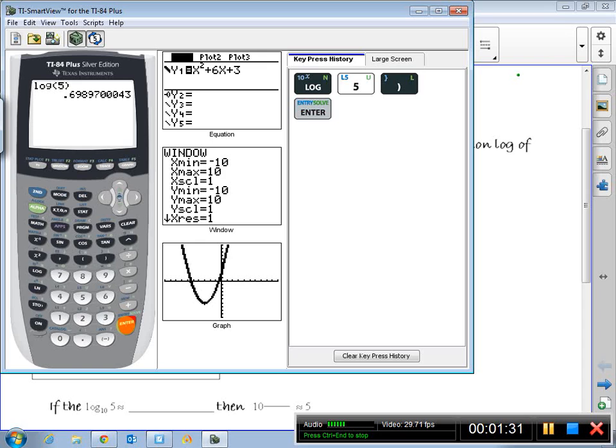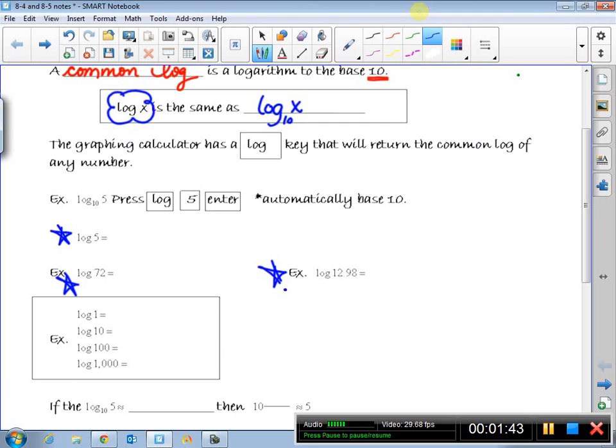So the log of 5 is 0.69897000043, and it does keep going. It is not rational, it is irrational. But let's put down what we have. Go ahead and try ahead of me, log of 72.